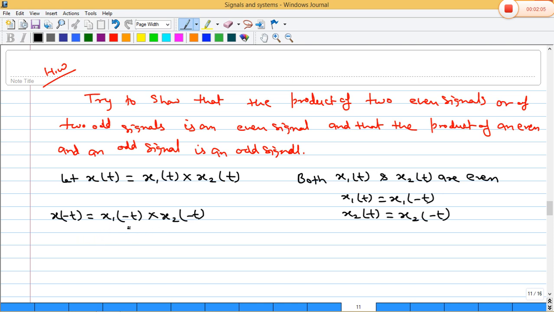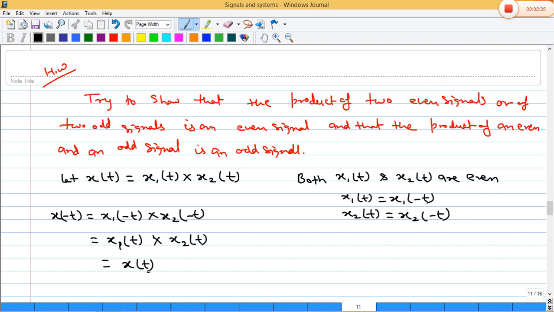Now x1(-t) will be equal to x1(t), because x1(t) is an even signal, and x2(-t) will be x2(t). So this is equal to x(t). I have already considered x(t) equals x1(t) into x2(t).